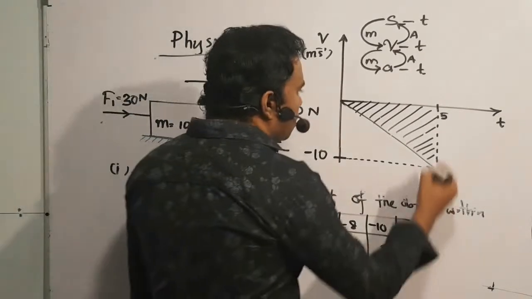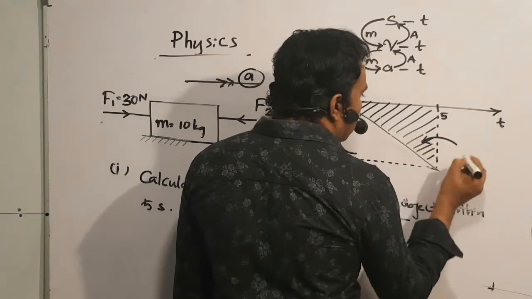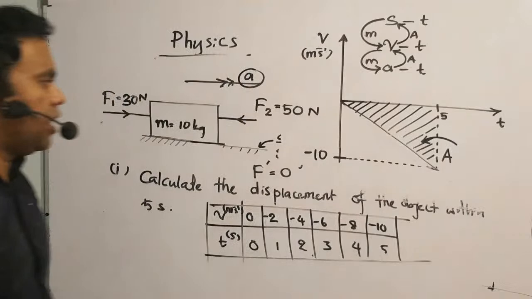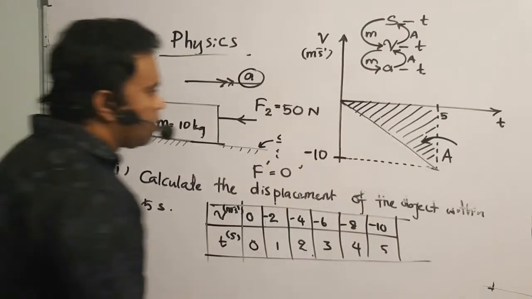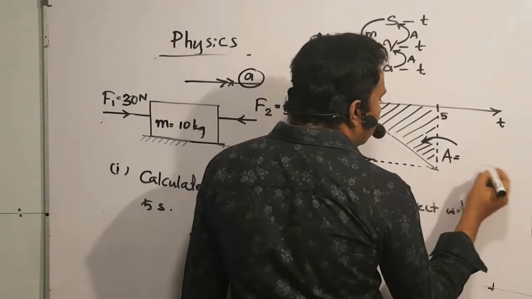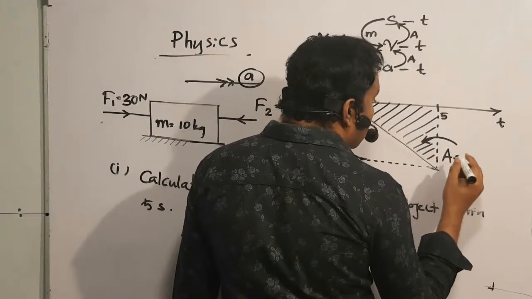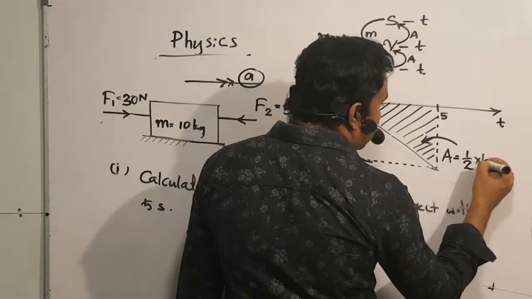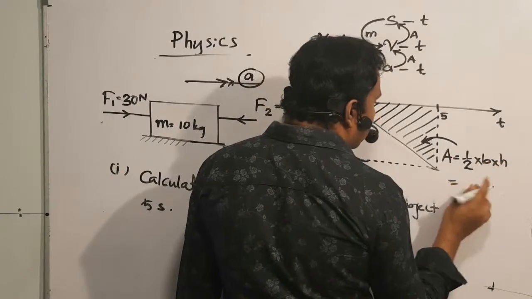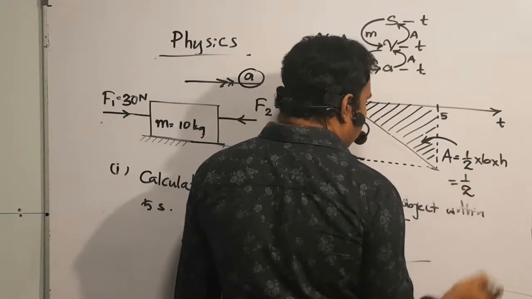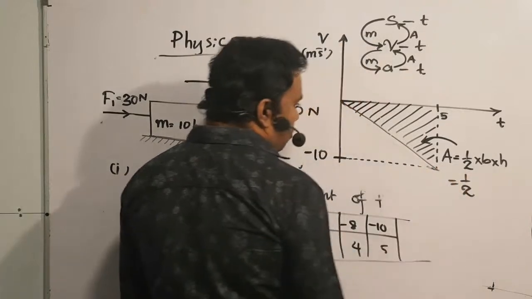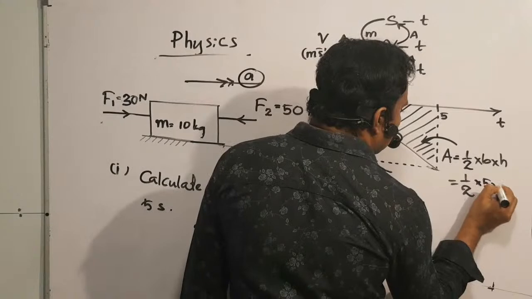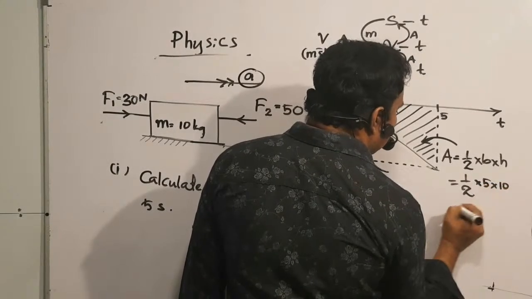What's the area? Area of a triangle: half into base into perpendicular height. Base is 5, perpendicular height is 10.